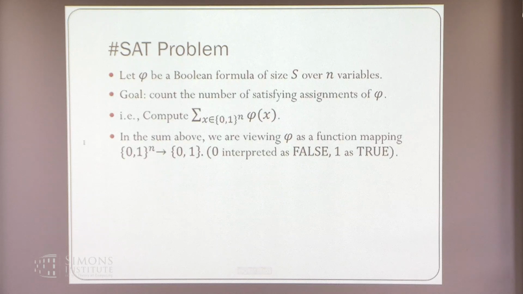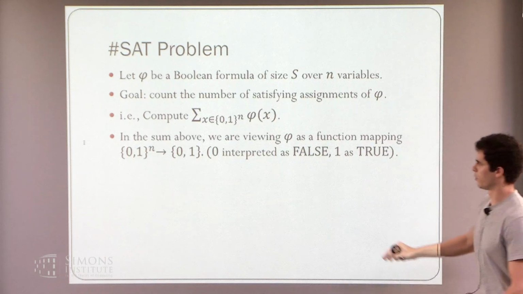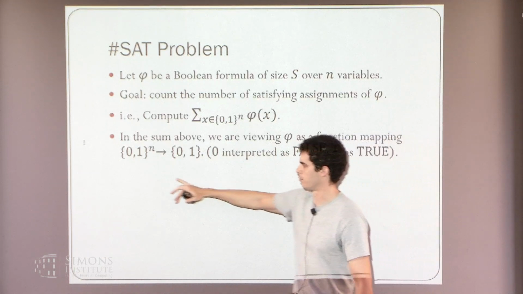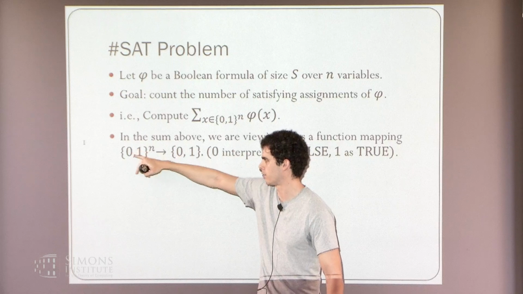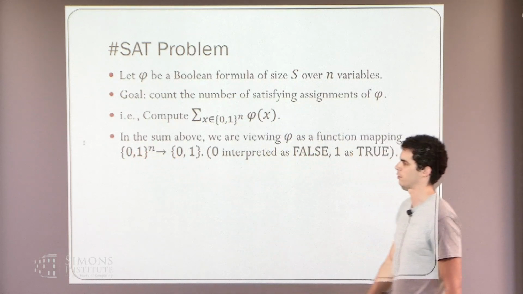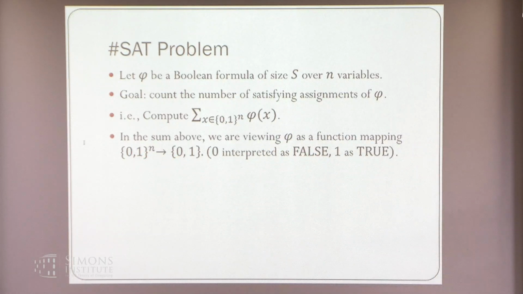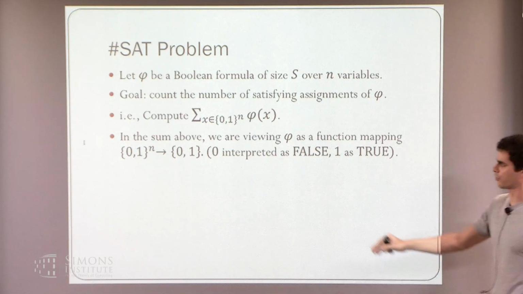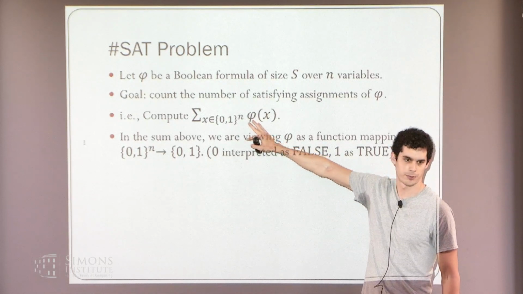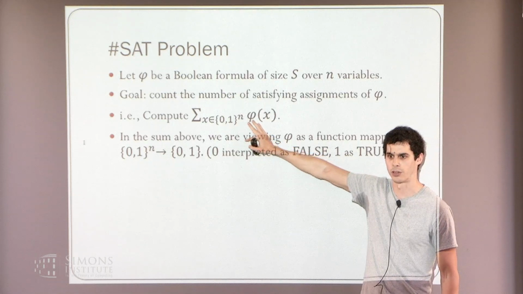Okay, so the goal is to count the number of satisfying assignments of the formula. That is the number of assignments that cause the formula to evaluate to true. Put another way, if we view the formula as a function mapping n bits, 0, 1 to the n, to bits, 0, 1, where we're interpreting 0 as false and 1 as true, then we're just summing up phi's values, the formula's values on all Boolean inputs.